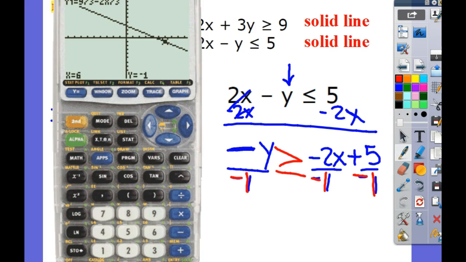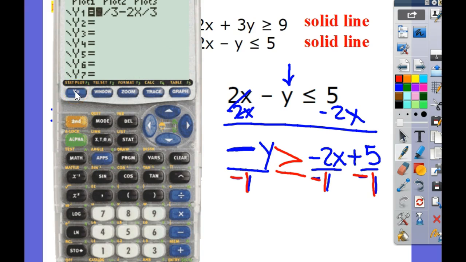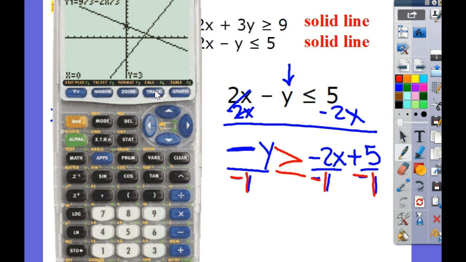And so where's my calculator? Once again, my calculator does not care whether I enter this in beautiful form or not. In order to avoid a sign mistake, you can just put it in there ugly. And then I'm going to trace it. Now, this is the other line, so I need to arrow down until I'm on this line.